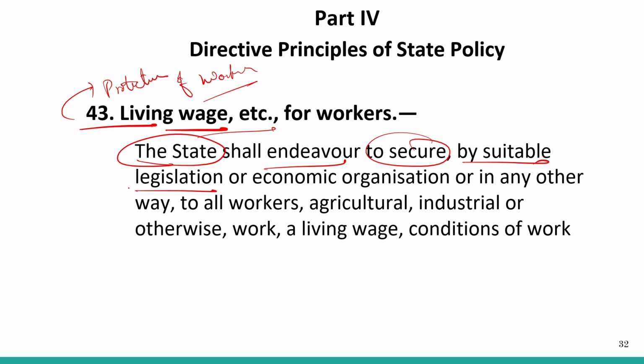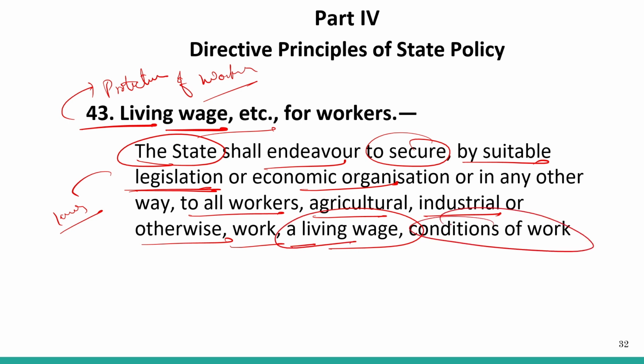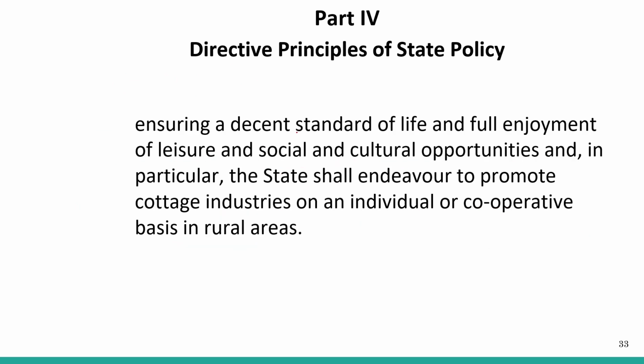It means by making laws or economic organization or in any other way, to all workers, agricultural, industrial, or otherwise, a living wage, conditions of work, and what else? Ensuring a decent standard of life and full enjoyment of leisure and social and cultural opportunities.